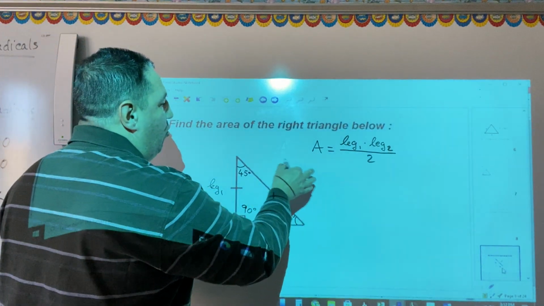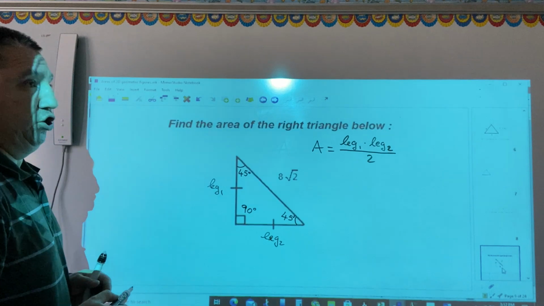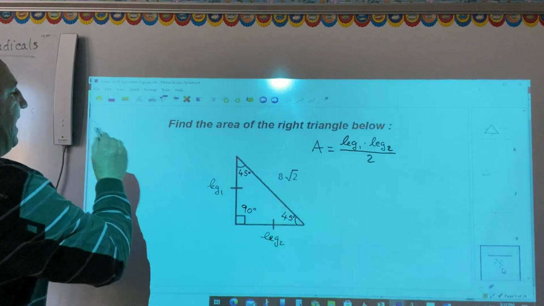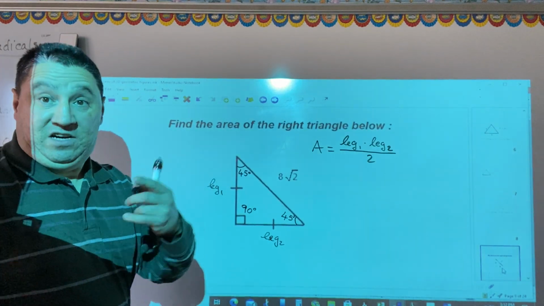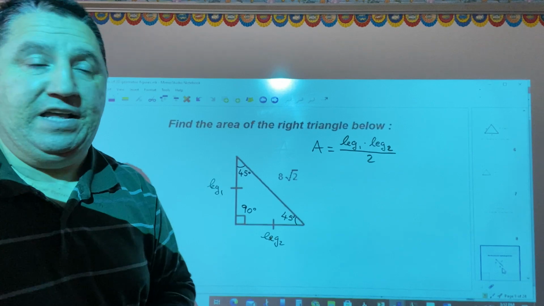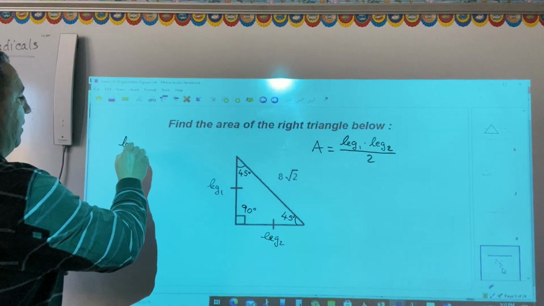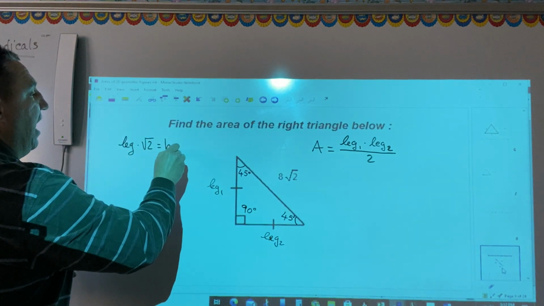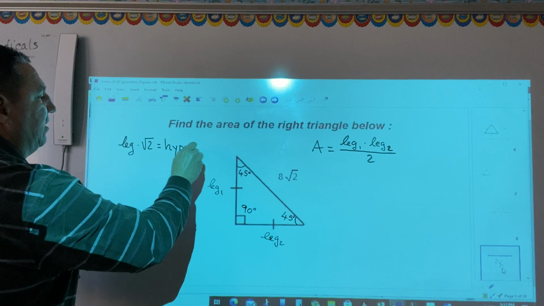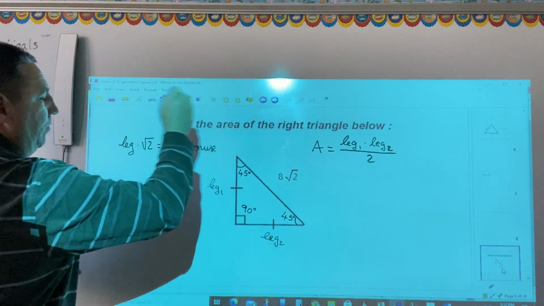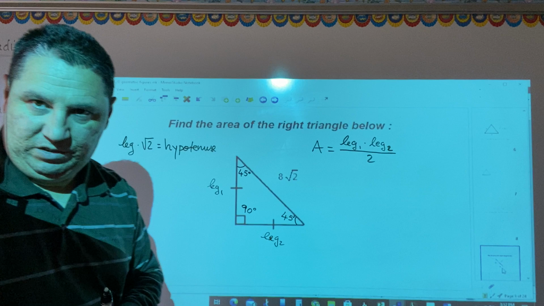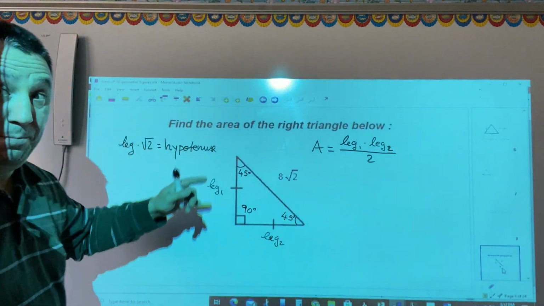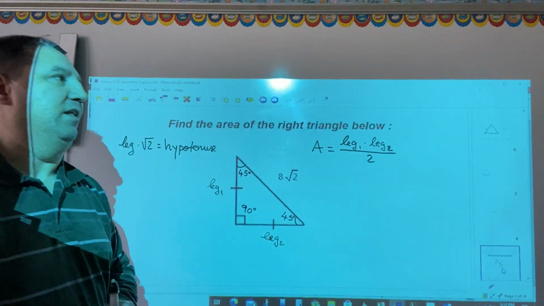Now, we know the hypotenuse is 8 square root of 2. We know in a 45, 45, 90 right triangle, leg times square root of 2 is equal to the length of the hypotenuse. We learned about the relationships between leg and hypotenuse in a 45, 45, 90.